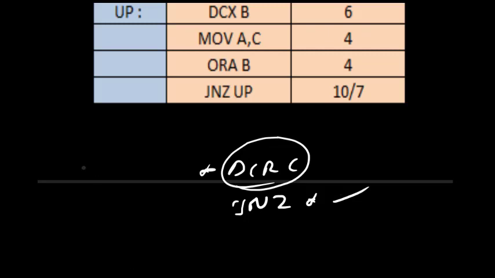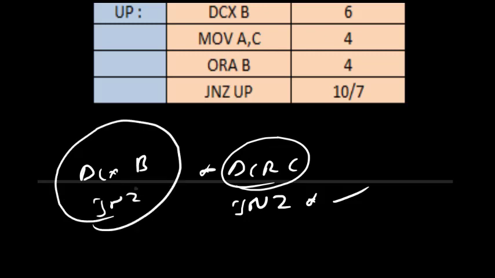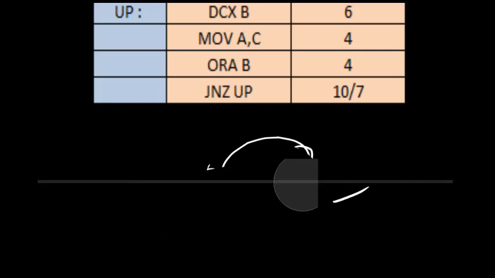But the trouble with the DCX instruction is that any DCX, whether B, D or H, does not set the zero flag. So a DCR instruction, whichever register it is, may set the zero flag as soon as the register becomes 0. But with DCX B, even if B and C both become 0, the zero flag is not set. So we need some alternate way to set the zero flag.